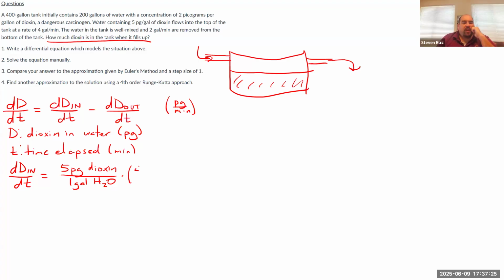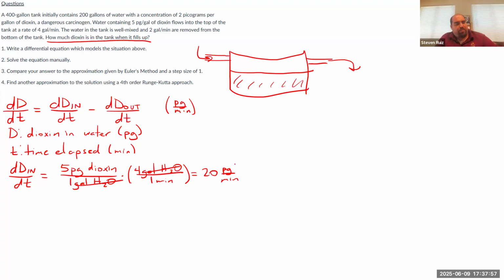This comes in at 4 gallons of water per 1 minute. So these gallons cancel, and what I get here is 20 picograms per minute. That's what I wanted. And that's constant. I know what's coming into this tank is a constant 20 picograms per minute.